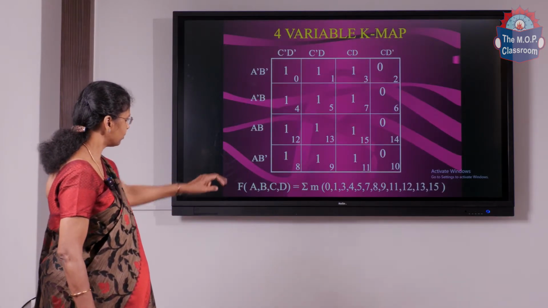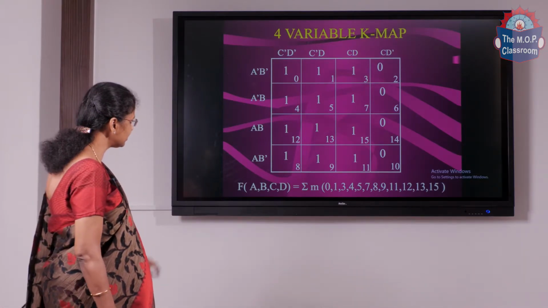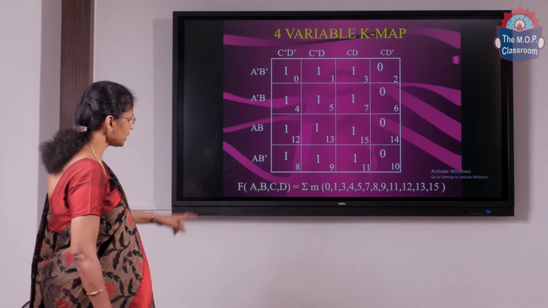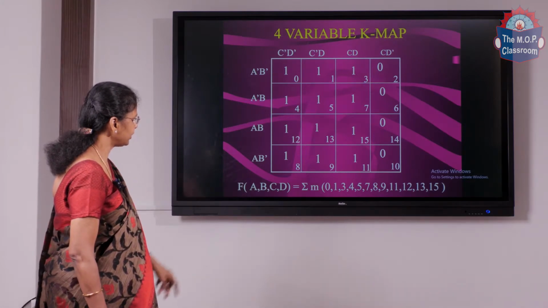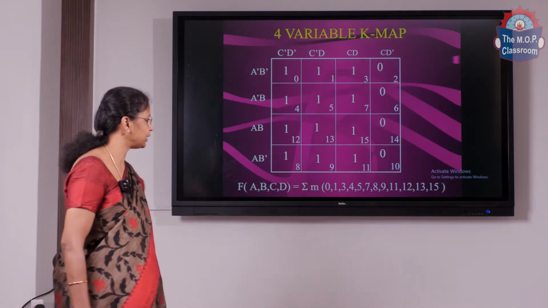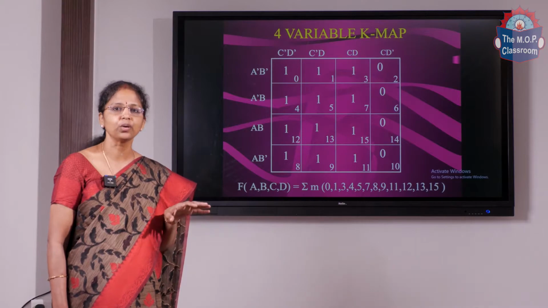Now, we have a Boolean function of a, b, c, d, 4 variables, and it says that the minterms corresponding to high output are 0, 1, 3, 4, 5, 7, 8, 9, 11, 12, 13, 15. These minterm positions should be filled with 1.